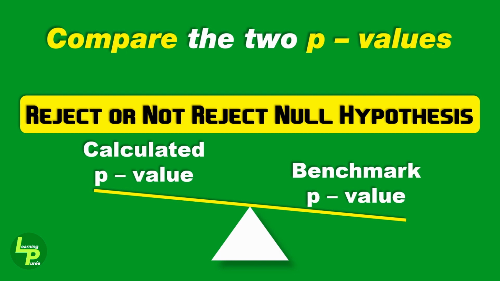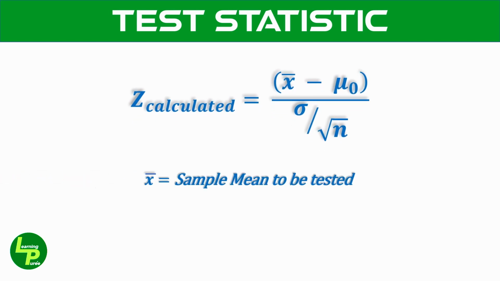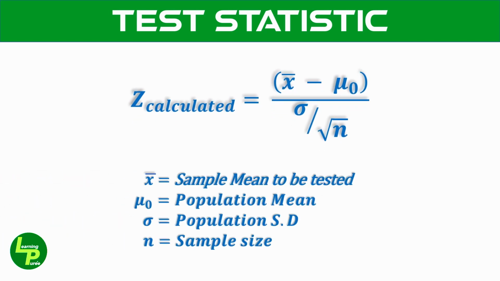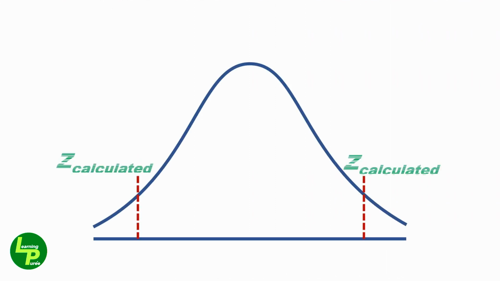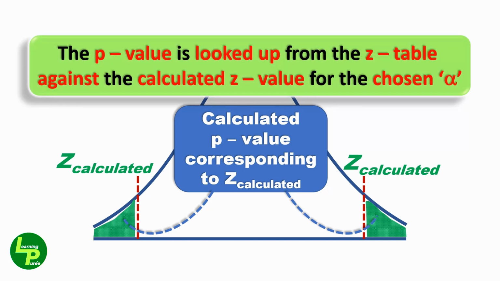The p-value for sample under consideration is calculated using the test statistics as follows. The probability corresponding to this z calculated value in the z table will give us the calculated p-value for the sample under consideration. The value of alpha or the value of probability of rejection remains the same, that is 0.05.